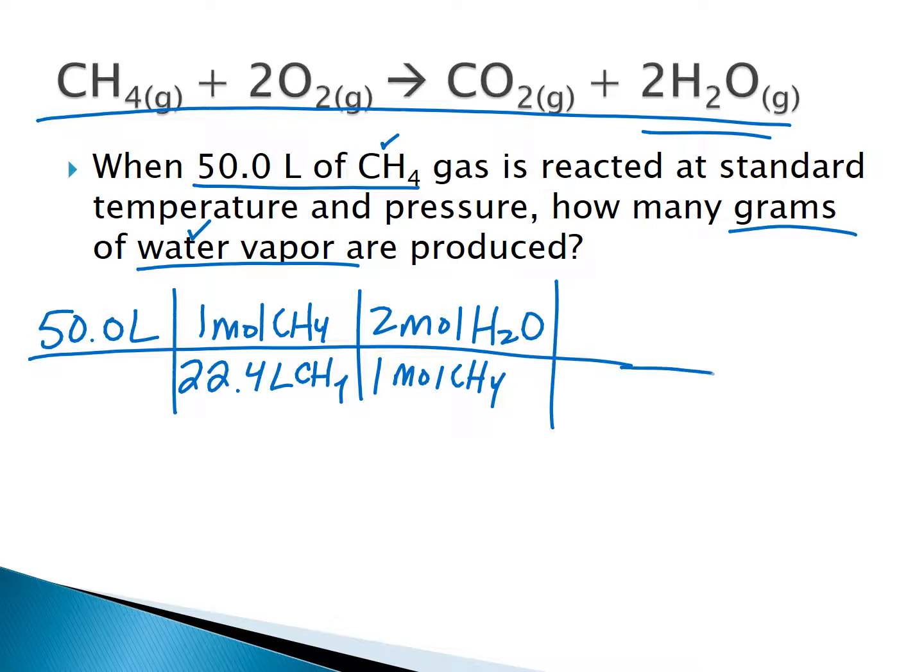I have moles of H2O, so I just have to make one final conversion. 1 mole of water is equal to 18.02 grams, and that'll give you your answer. So 50 divided by 22.4 times 2 times 18.02. I get 80.4 grams.